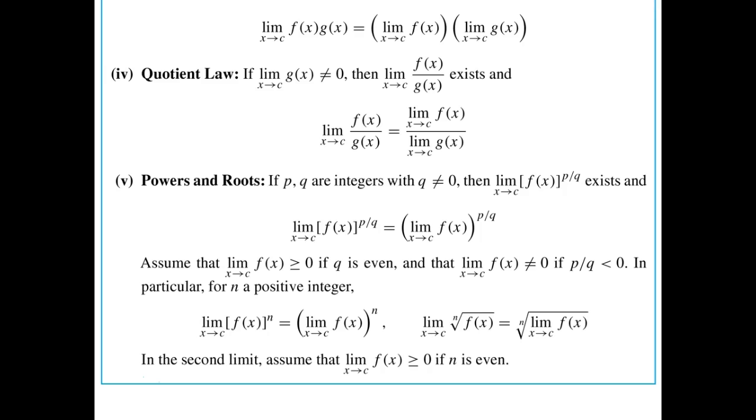Okay. Now, this is using that very last thing that we did, and sorry it's such a lousy slide. The limit as x approaches c of x to the p over q. Obviously here q can't be 0. Okay?